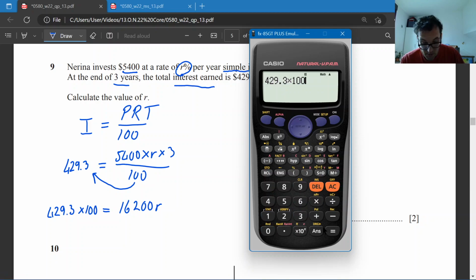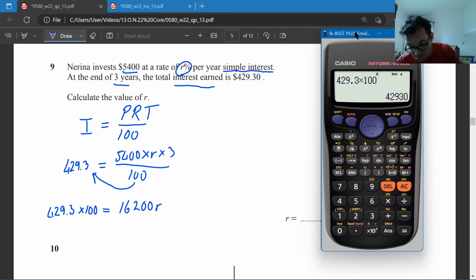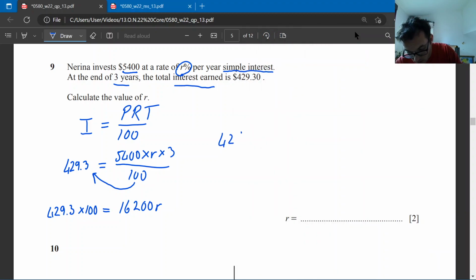You probably know how to do this without a calculator. Anyway, so that's 42930. And again, this is 16,200 times R, so we divide both sides by 16,200, and that will give you the rate.